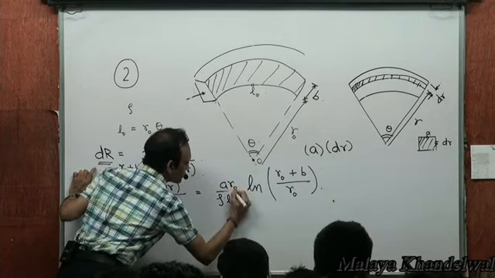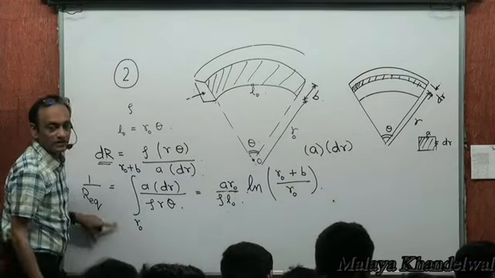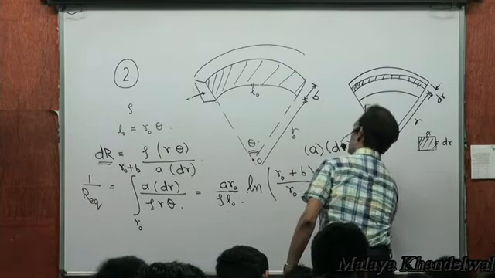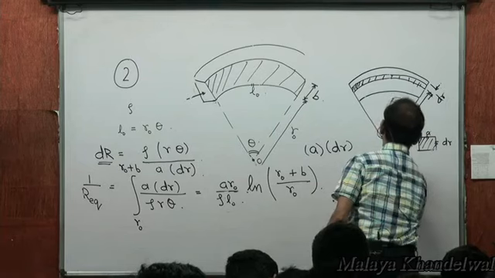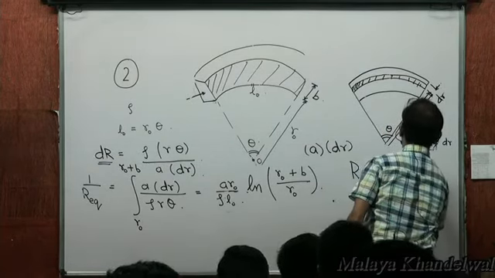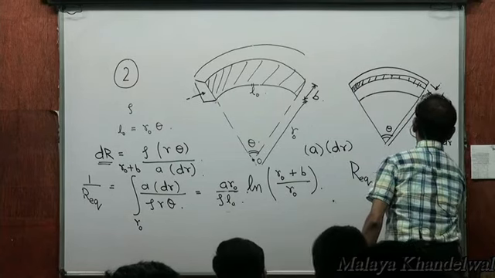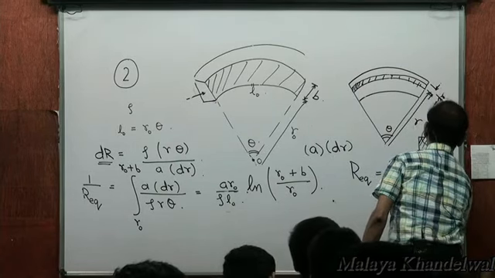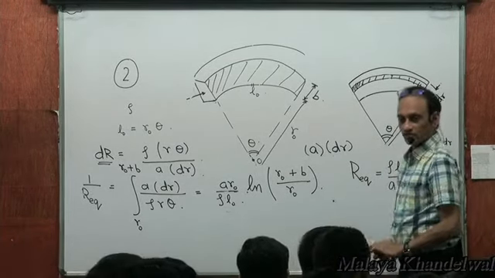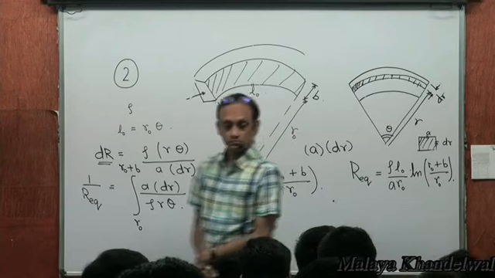So R equivalent will simply be the reciprocal of this: rho L0 by A R0, into log of (R0 plus B) divided by R0. That's the resistance of this conductor. Yes or no?